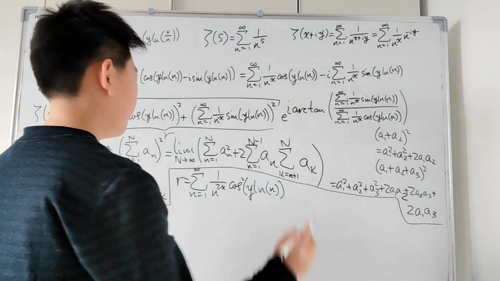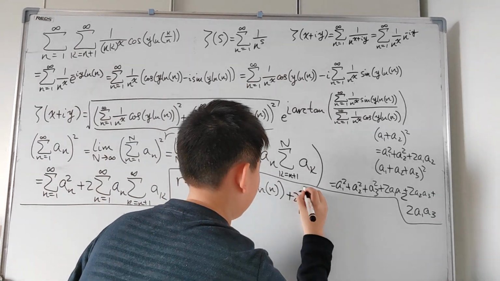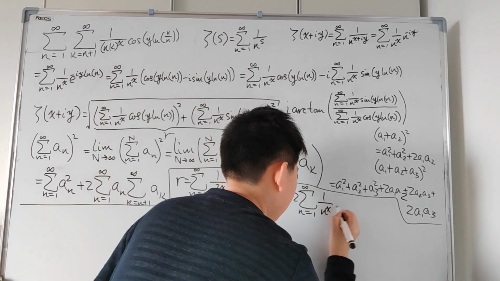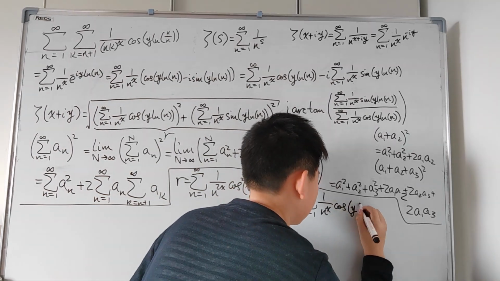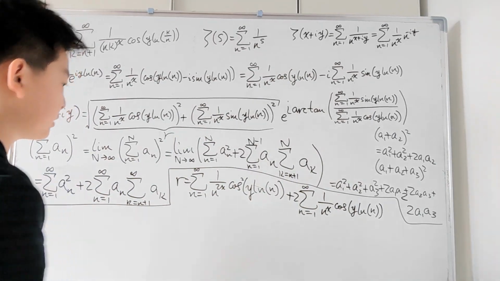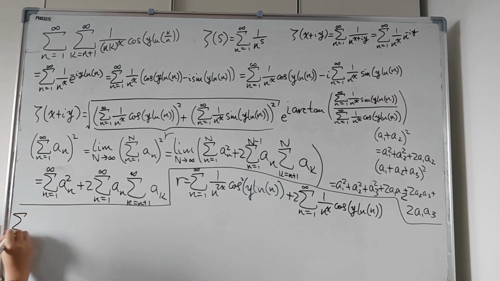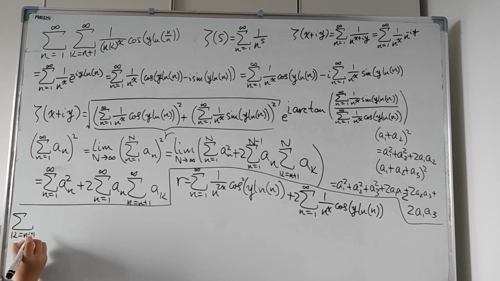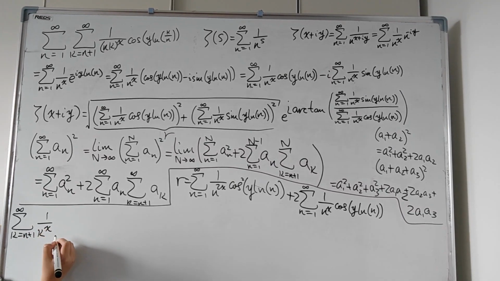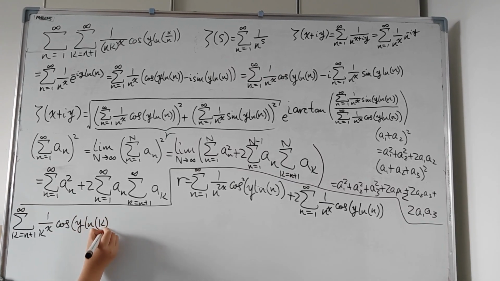And then it's going to be plus 2 times the sum, starting from 1 to infinity of a_n, which is 1 over n to the x times the cosine of y natural log of n, and on top of that the second sum, which is the sum k starting from n plus 1 to infinity of 1 over k to the x, and then cosine of y natural log of k.